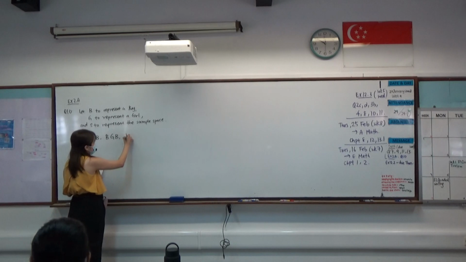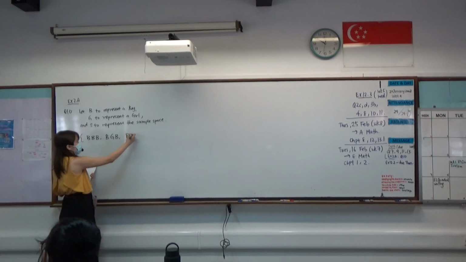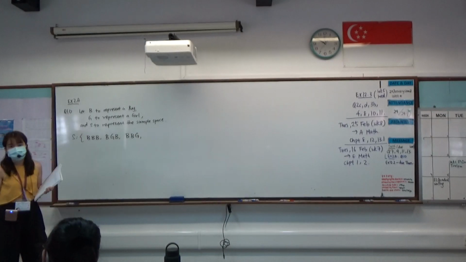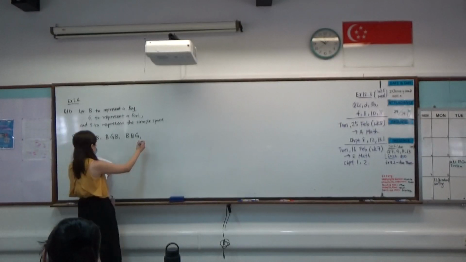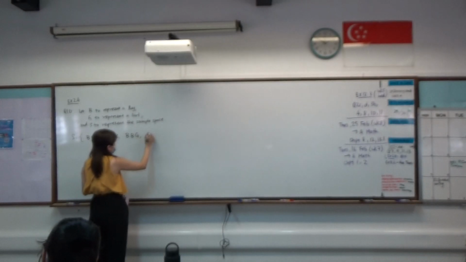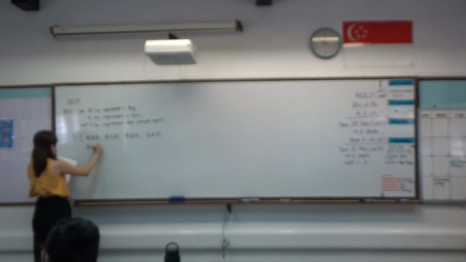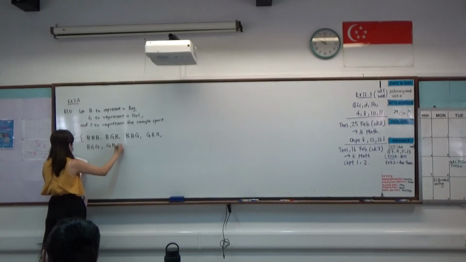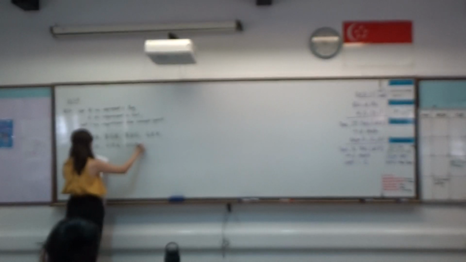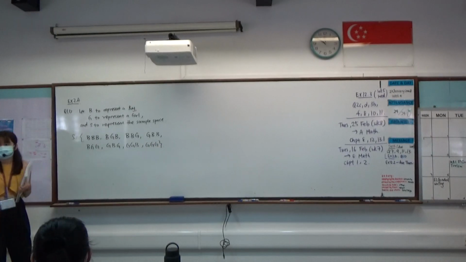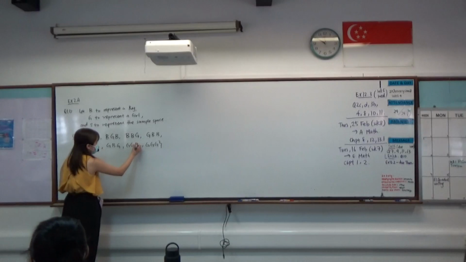We can also have first one a boy, second one a boy, third one a girl. Then we can also have girl, boy, boy, boy, girl, girl, girl, boy, girl, girl, girl, boy, and all those.